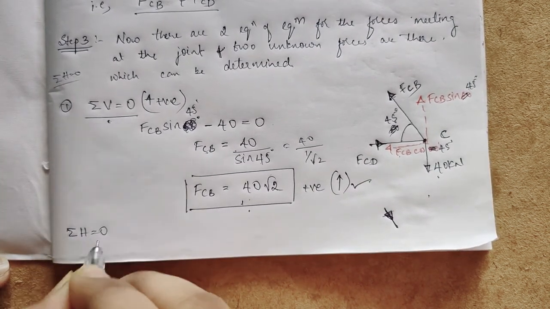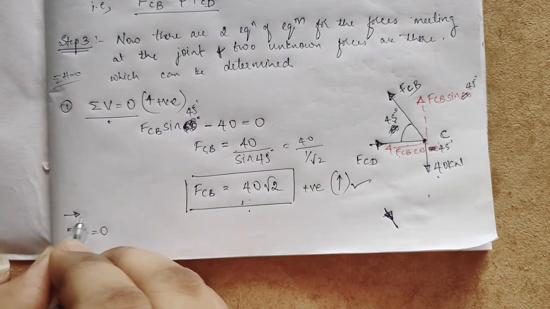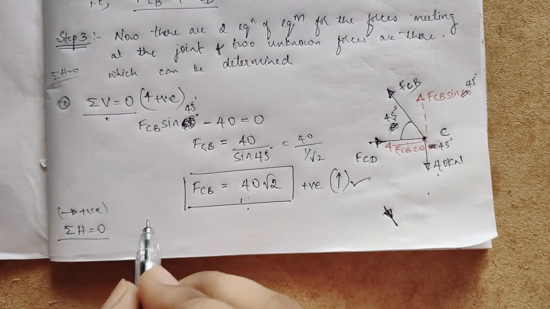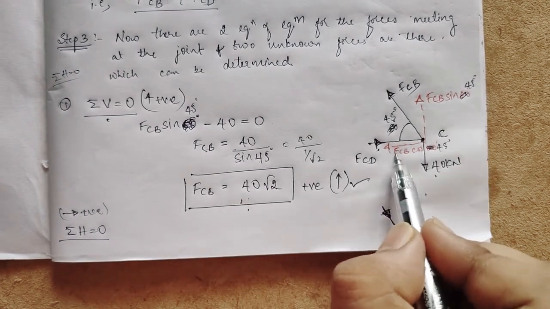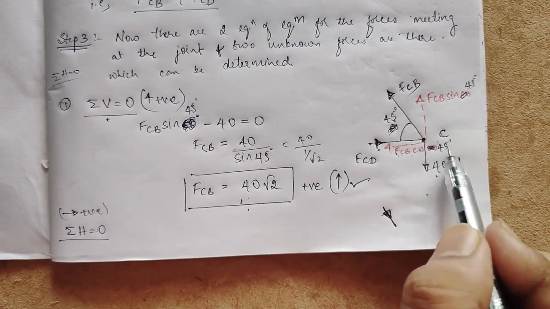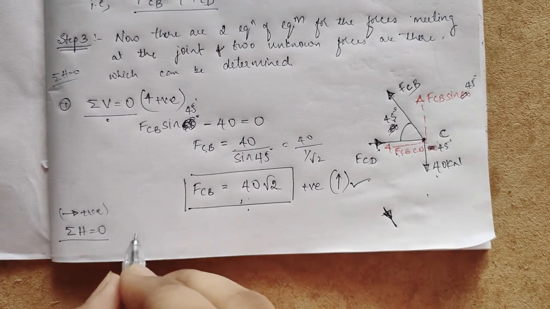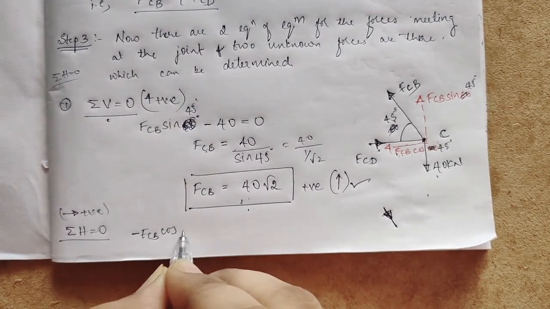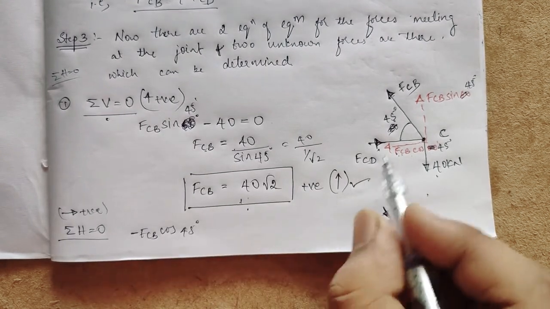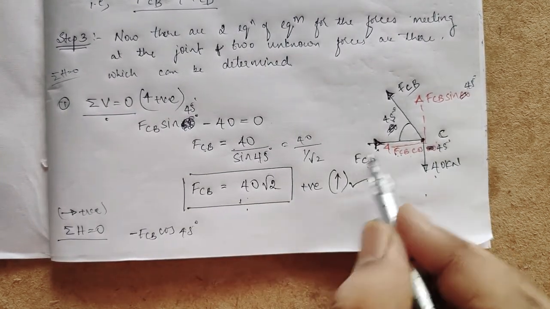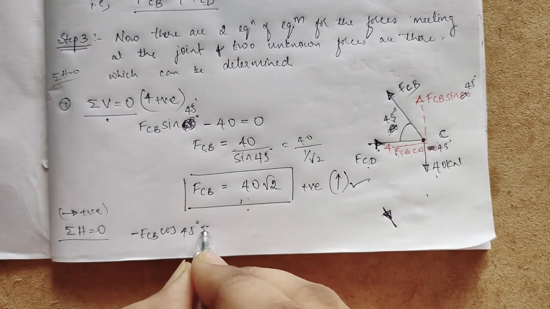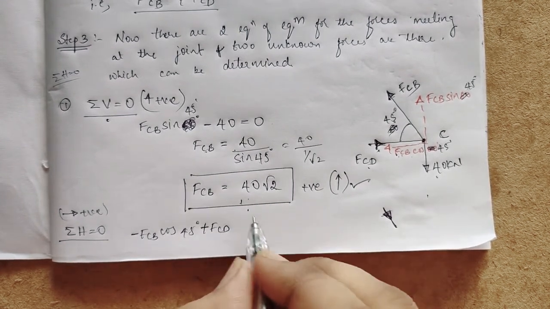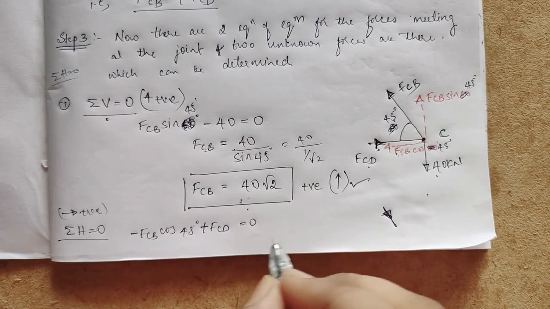Now sigma H equal to 0, taking left to right as positive. So what happens, FCB cos 45 is in this direction, so minus FCB cos 45 degree, then this FCD is going inside, right? This will be positive FCD, is equal to 0.